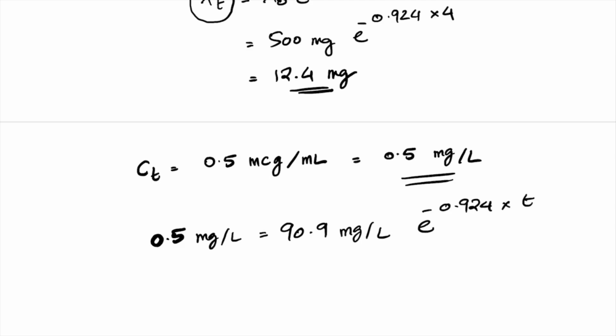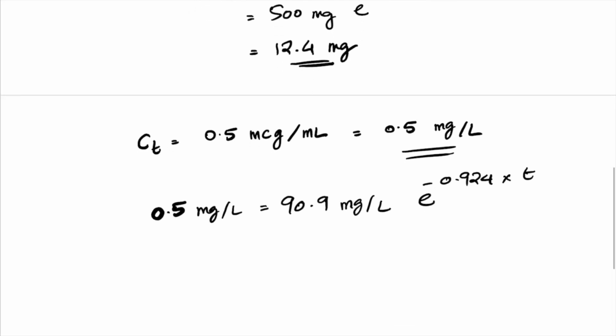It is this t that we're trying to determine. How much time does it take for the level to fall to 0.5? That's one way of writing it in the exponential format.